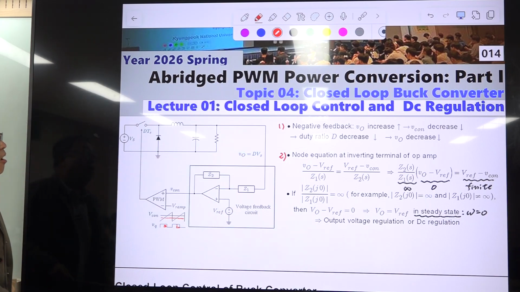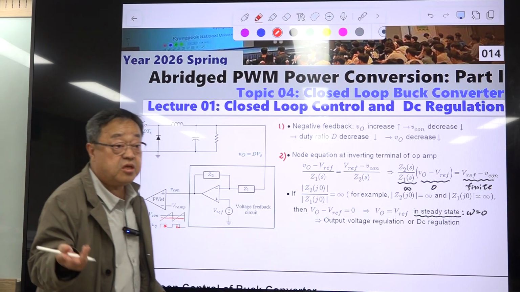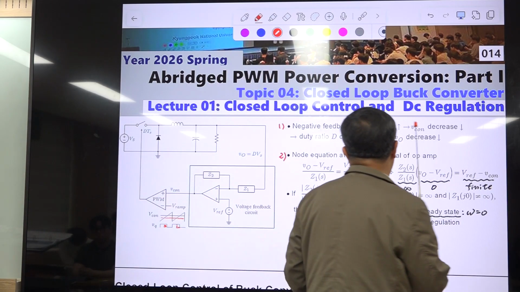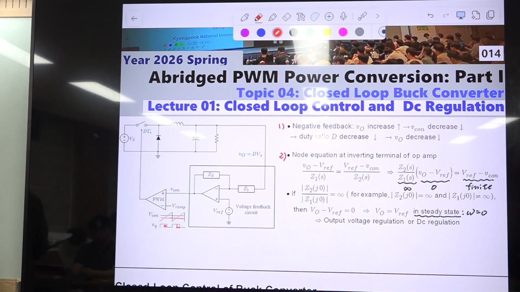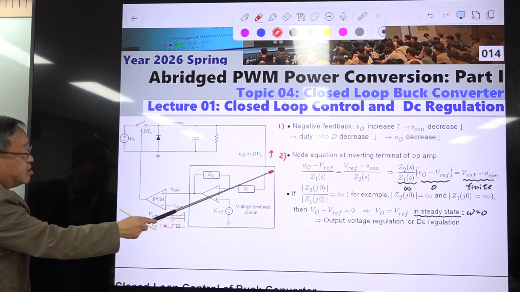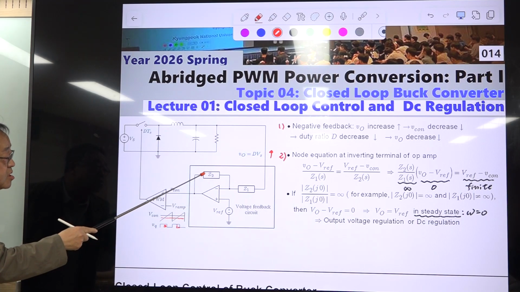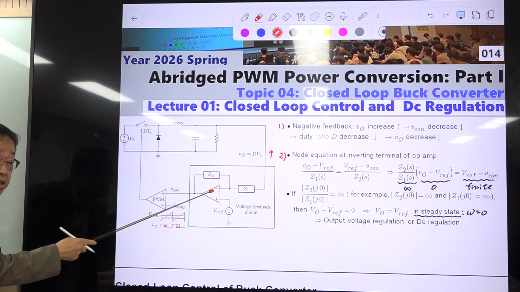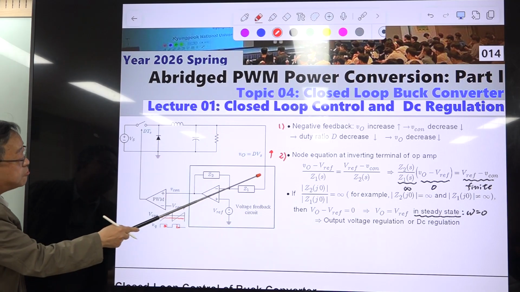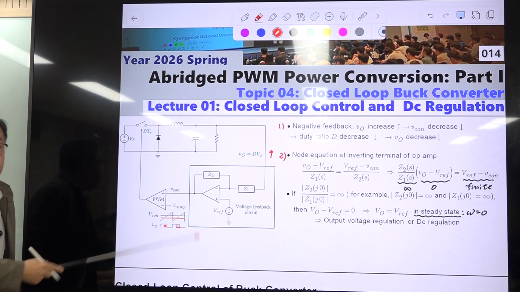Now our voltage is increased. I don't know the reason; by some reason, it is increased. So this output voltage is going up from the desired value. Then that increase is reflected through this and will appear here. What does this minus sign mean? If something is positive, it becomes negative.